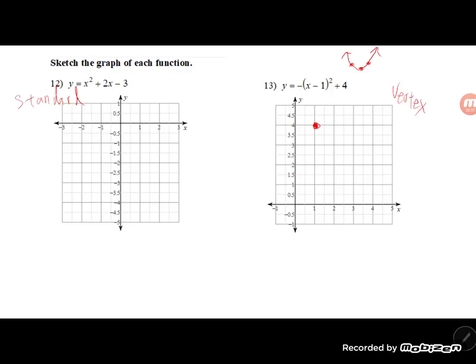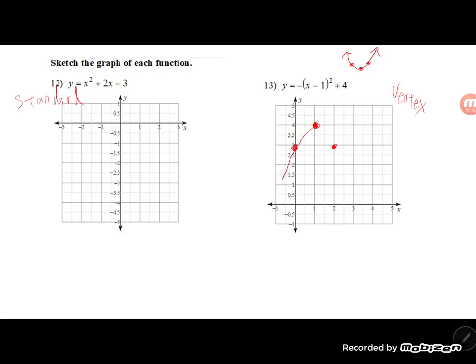So we look at this, and it has a multiplier of a negative, so it's going to still be those same points, but flipped upside down. So instead of going right 1, up 1, we're going to go right 1 and down 1. And likewise, we're also going to go left 1, and instead of up 1, we're going to go down 1. Just like that.